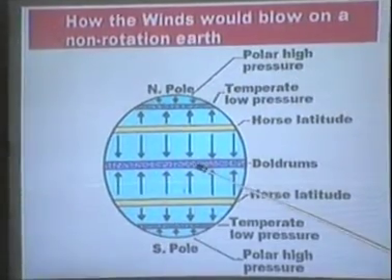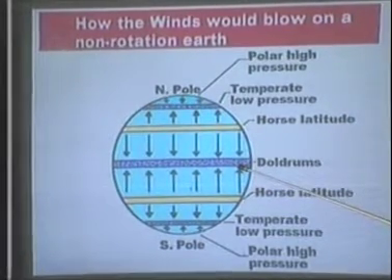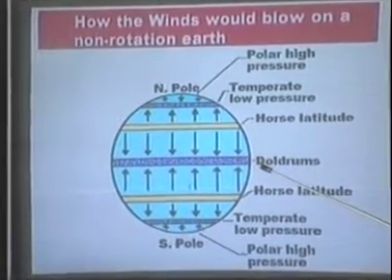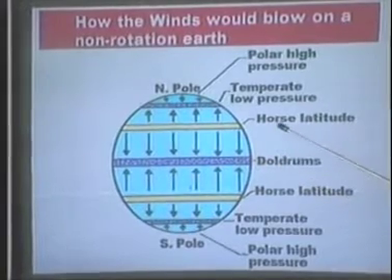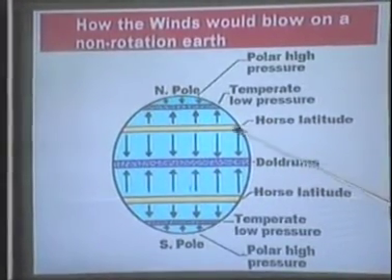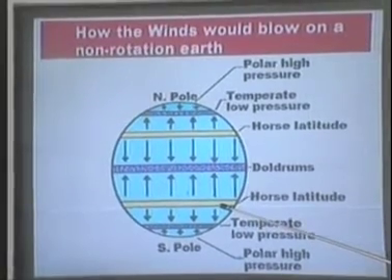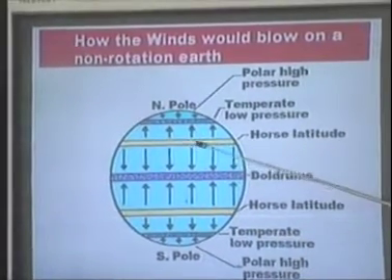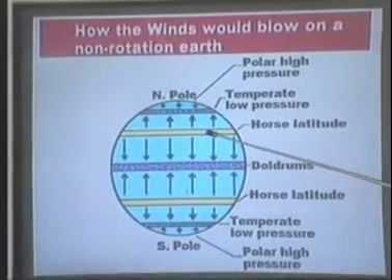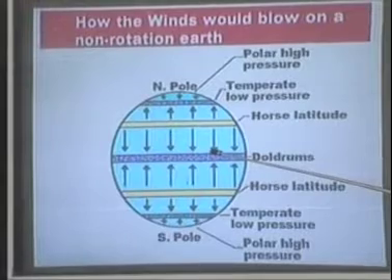We start off at the Doldrums. The Doldrums is a low pressure area. Air rises from the Doldrums. It would sink around 30 degrees north and south. The sinking of the air at 30 degrees north and south would create a high pressure area. Some of the air which has sunk about 30 degrees north and south would travel back as surface winds to the equator or the Doldrums.